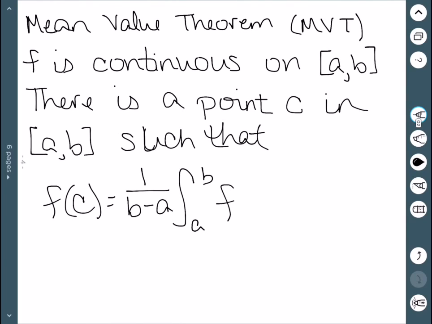So basically what this is saying is the average value is actually going to be hit at a particular point. We won't skip over it, but there will actually be a point in this interval that passes through the average value.